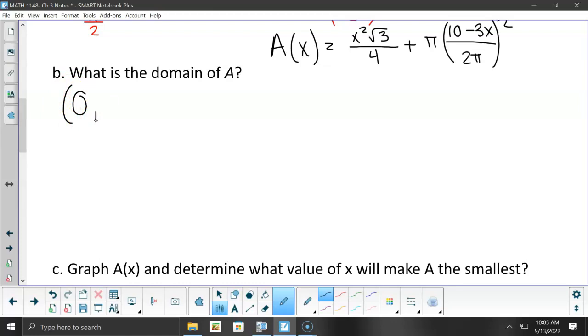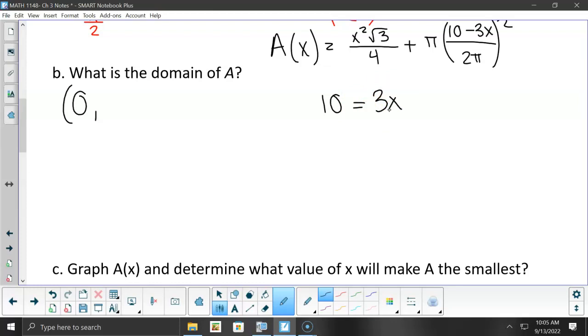Now, just think in terms of the sides of the triangle. I have 10 meters of wire, and I know I've got 3x for just the triangle.